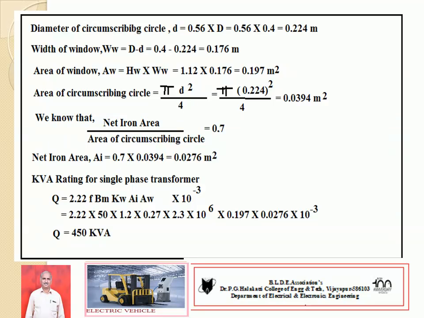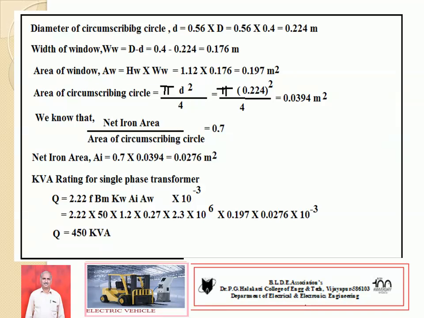Then the diameter of the circumscribing circle, small d, equal to 0.56 times T. It is available from the ratio, so small d can be calculated using this equation. Next, you continue. Width of window equal to capital D minus small d.